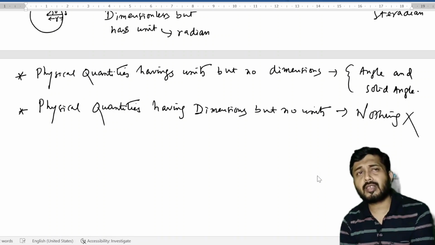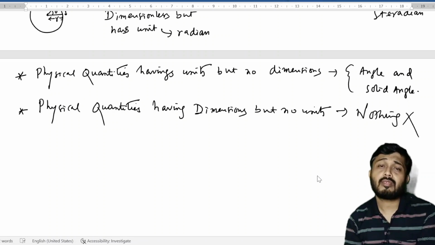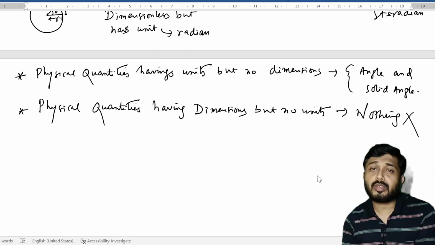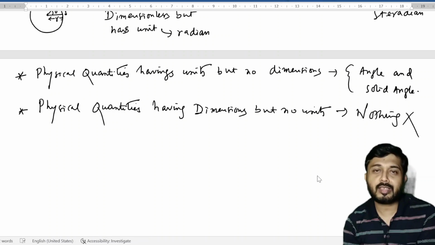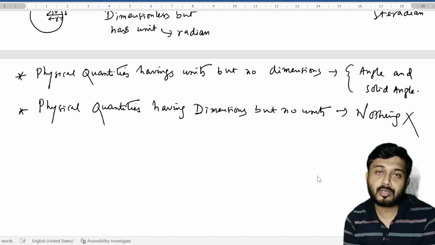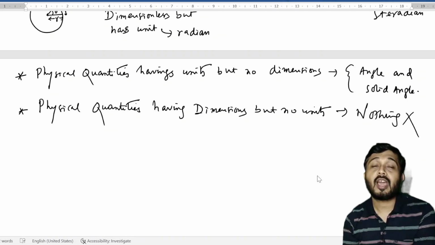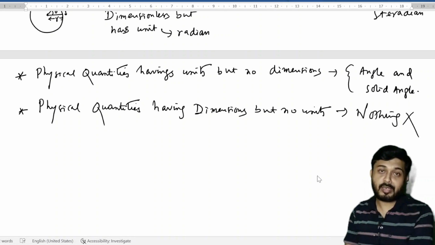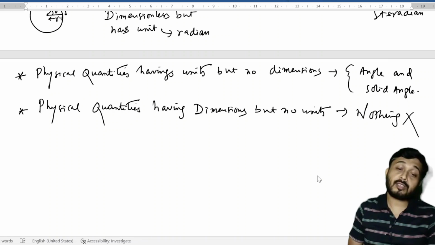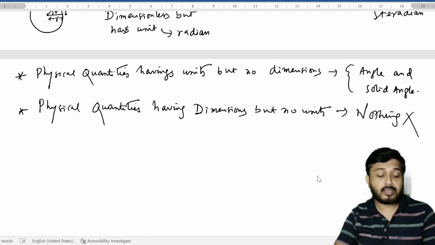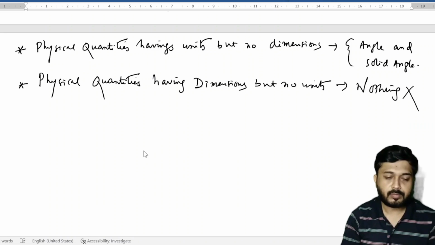Yes, quantities exist out there which have units but no dimensions. The examples I've already given, angle and solid angle. But no such physical quantities exist which have dimensions but no units. Keep it in mind. Isn't it interesting? These two are really exceptions, angle and solid angle. Keep it in mind.